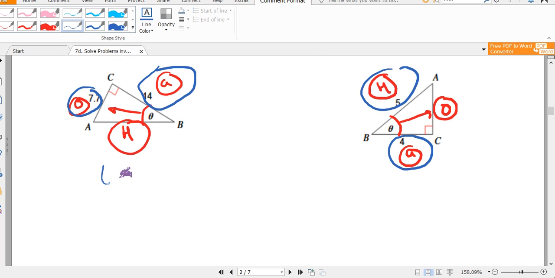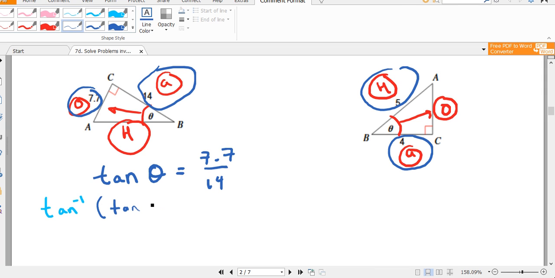So tan of theta, which is the angle we don't know, equals opposite 7.7 over adjacent 14. Okay, again, we need to find the angle. So we're going to find, obviously not the cos inverse, but rather the tan inverse. And you'll find that in the same spot, just maybe above tan on your calculator. So tan of theta will equal this, and I need to inverse this side as well.